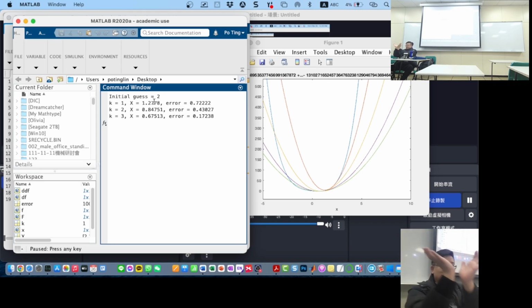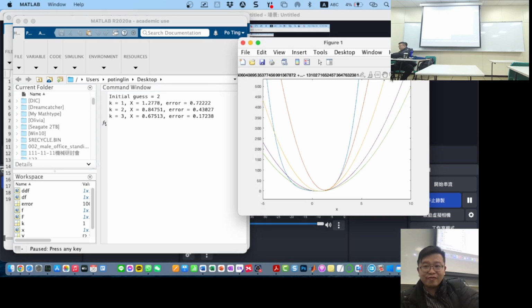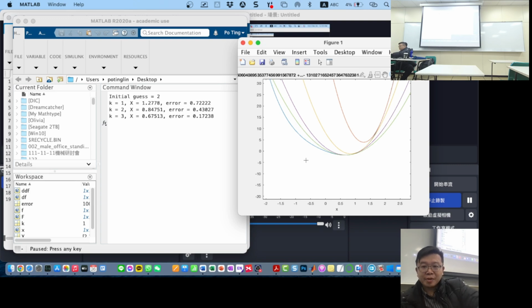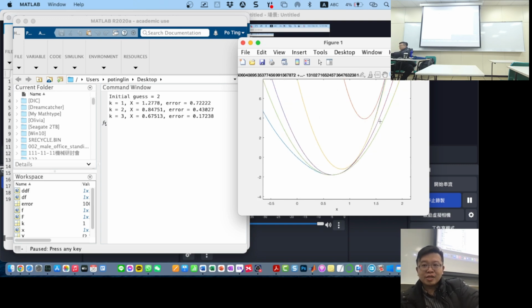So you can see that the Taylor expansion moves, and the lower point is getting closer and closer to the flat bottom of the original function. The red one was higher and further away from the true minimum.